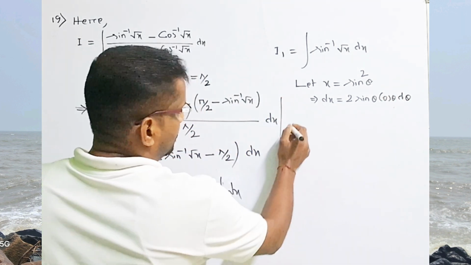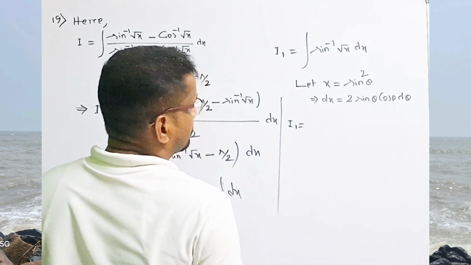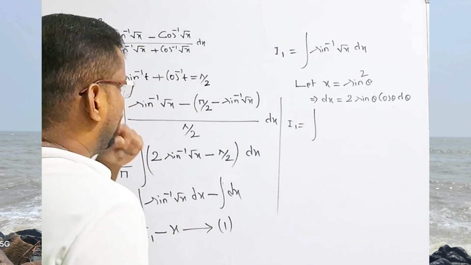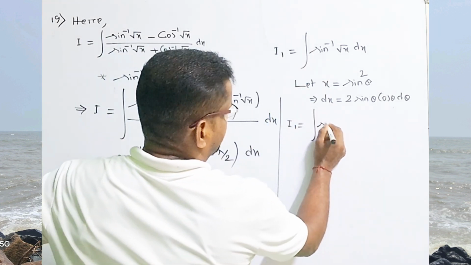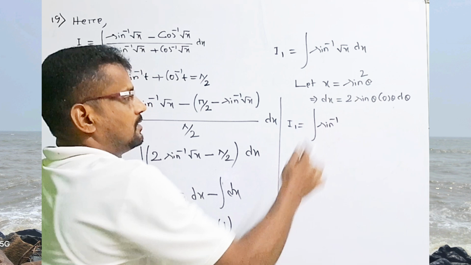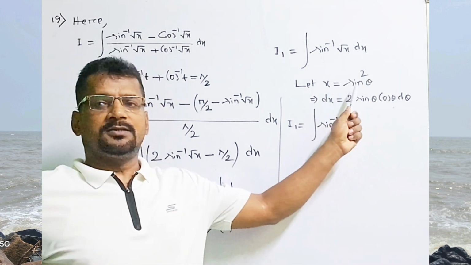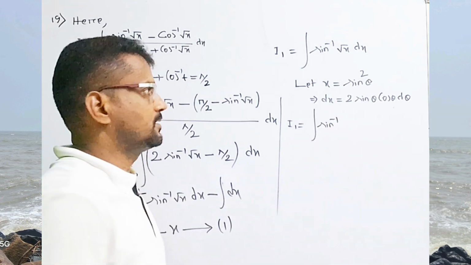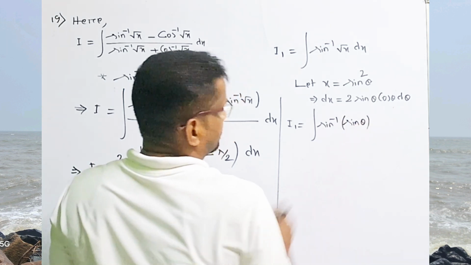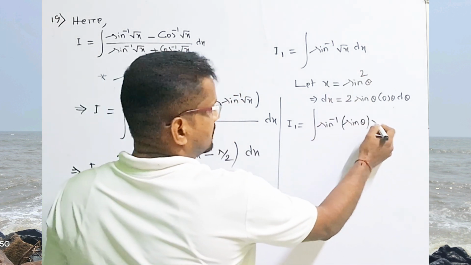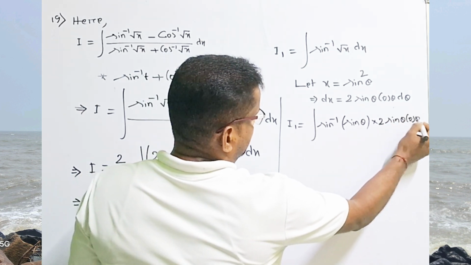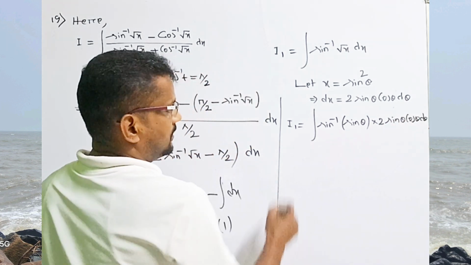So therefore, I1 equals the integration of sine inverse, and x is sine square theta, so root x will simply be sine theta. So in place of root x you can write sine of theta. Then dx is 2 sine theta cos theta d theta.